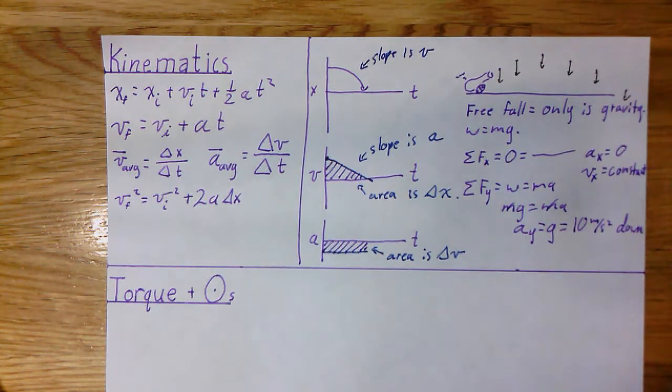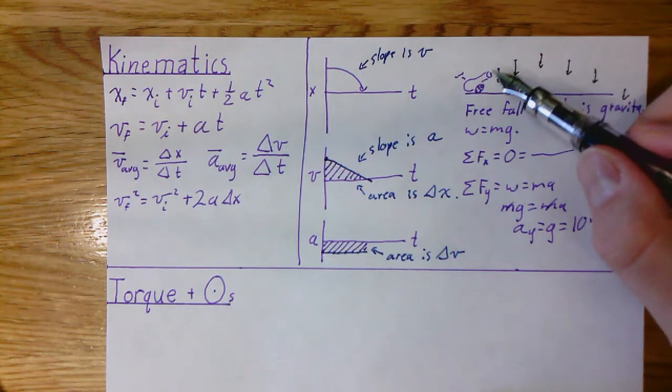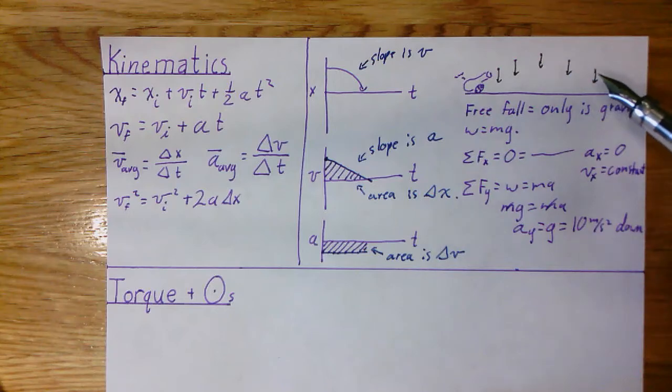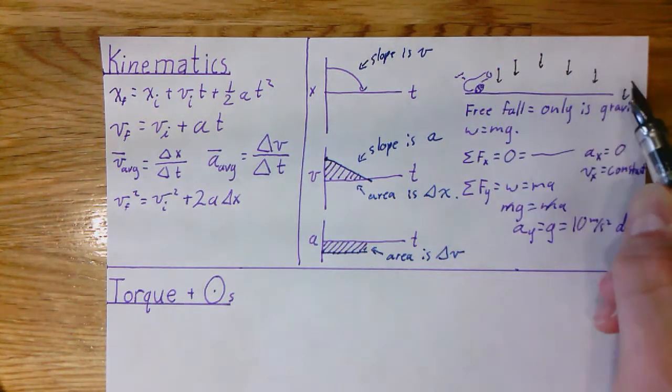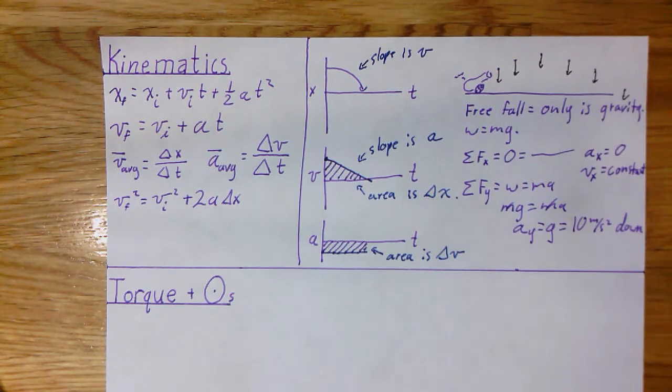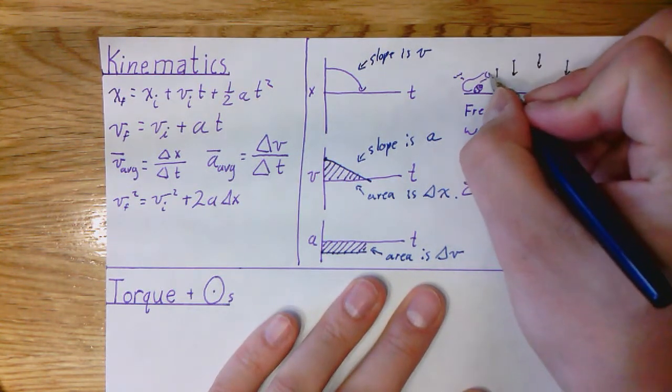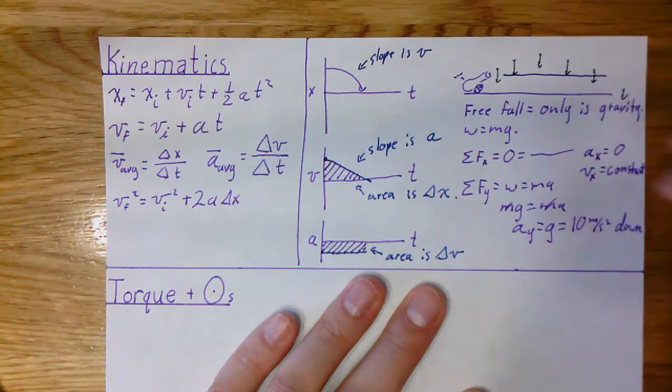The other things, just handy tips to know. The amount of time it takes to go from here all the way up and then back down to the same height, that time up equals the amount of time it takes to come back down. Let's just draw something like that.